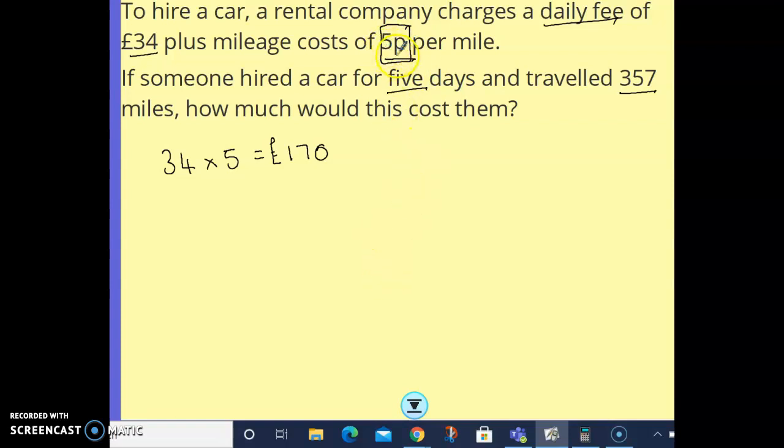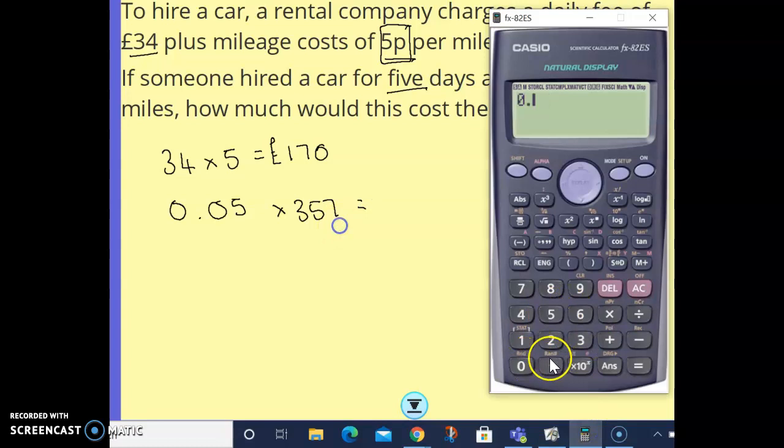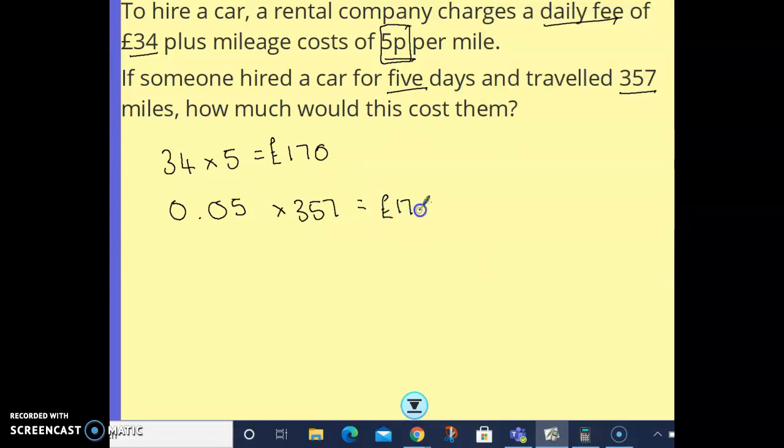Now, when it comes to the number of miles, it's 5p per mile. The easiest way to do this is to take that 5p and write it as if it's in pounds. So instead of 5p, we write it as 0.05 times 357, because we want an answer in pounds, so it matches our first answer. That comes out £17.85, and then we add the two together.